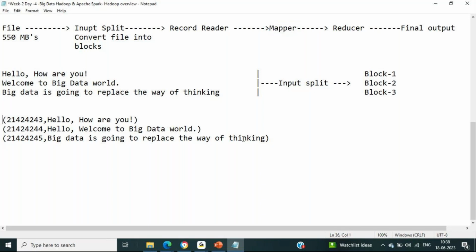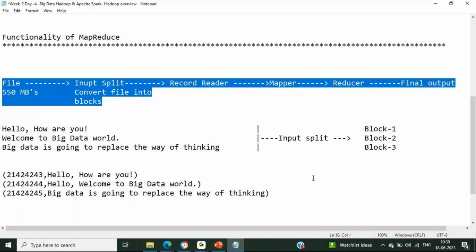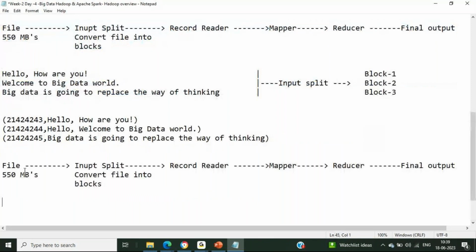Say, this will look like mapper 1, mapper 2, mapper 3, mapper 4, based upon the cluster configuration.